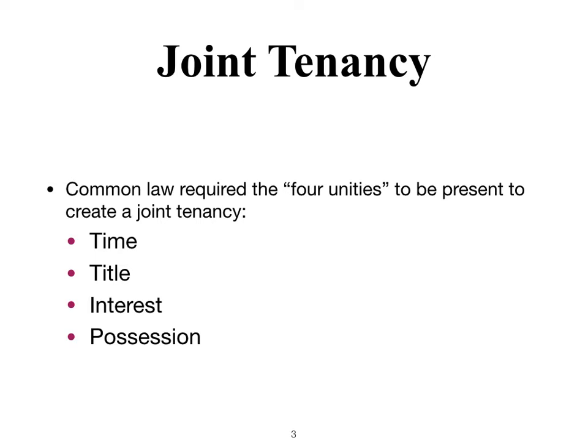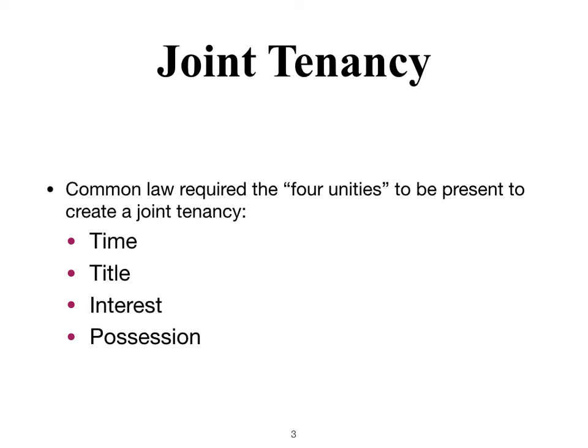The third unity is interest. So with a joint tenancy, the joint tenants have to have the same shares in the estate. They're going to be equal in size and duration.